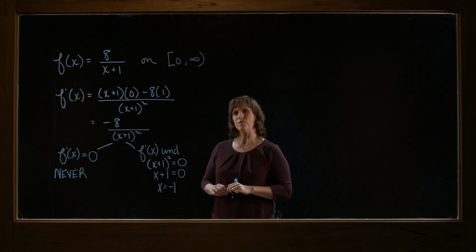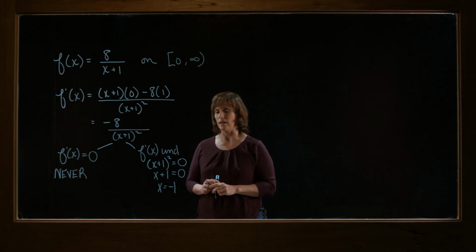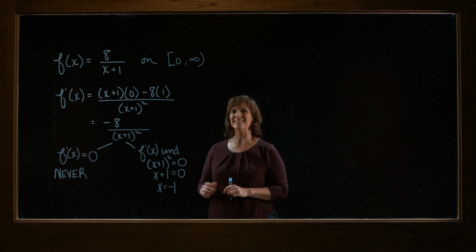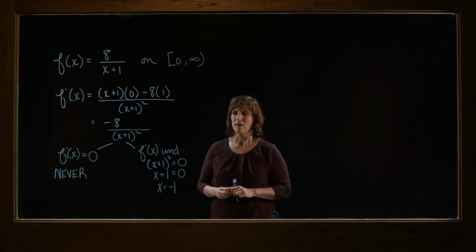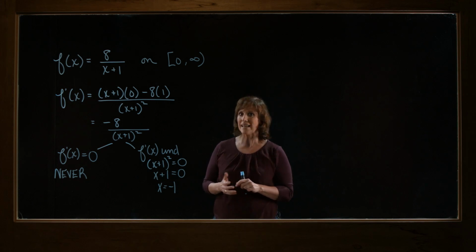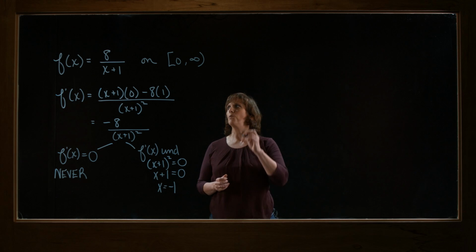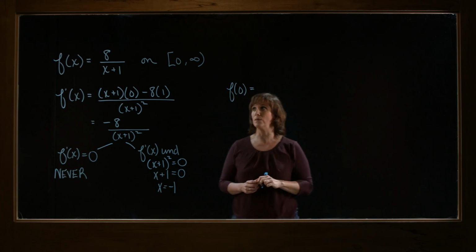However, I want to find the absolute extrema on the interval from 0 to infinity. While this is a critical number, it's not located on that interval, so I don't need to consider it. So since I don't have any critical numbers to deal with, the last thing to look at would be the endpoints. So let's check out the endpoints. We'll start with f of 0.